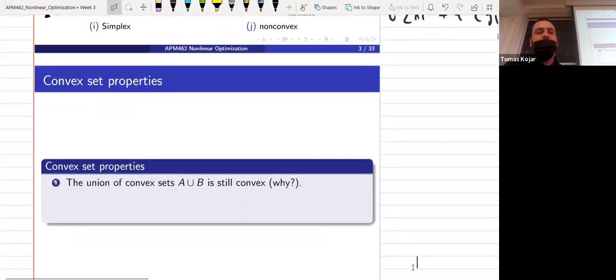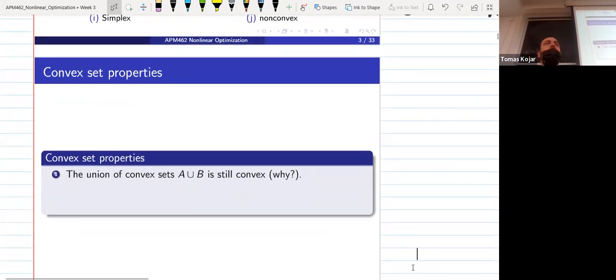All right. The union of two convex sets is still convex. Can somebody tell me why? Wait, is that true? No, it's not true. Can you tell me why it's not true? It might not be convex. Where did I get this from? I don't remember. Can you give me a simple example?